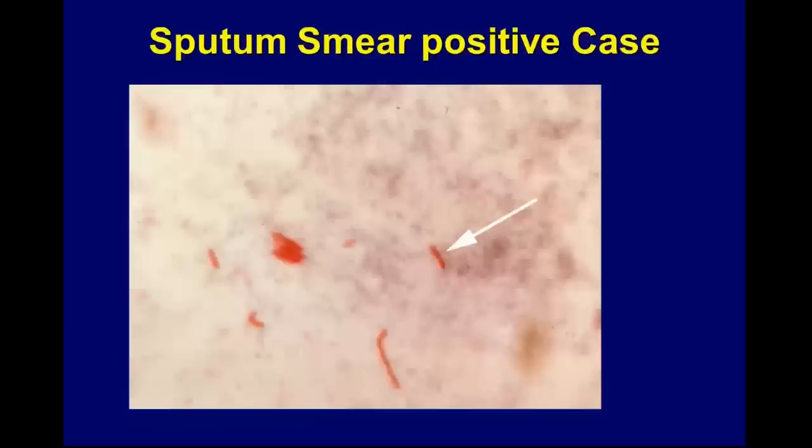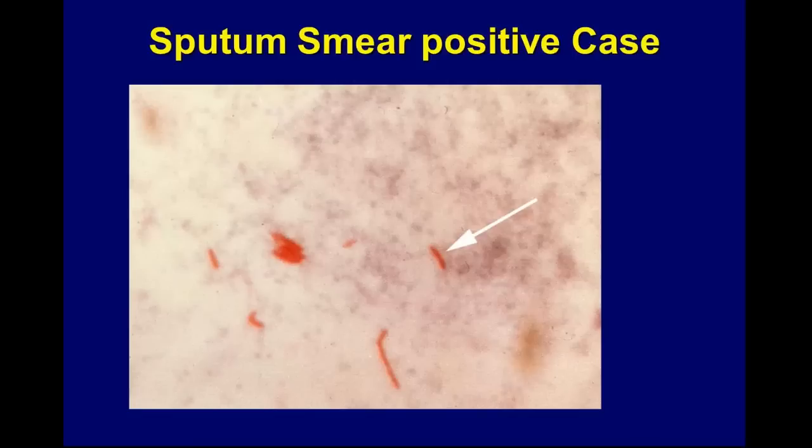So how many AFB bacilli do you need for the smears to be positive? About 10,000. So a lot. And you only need about 100 of them to get sick. So think about it.